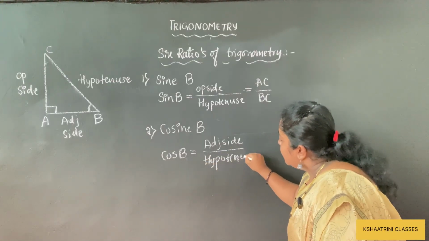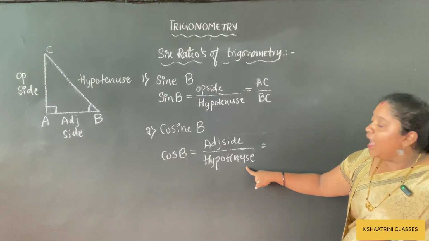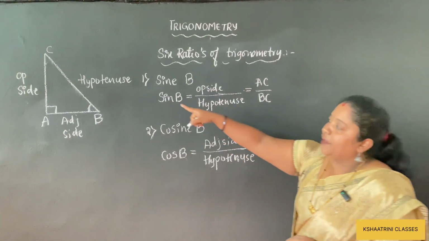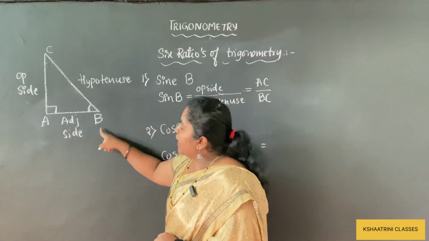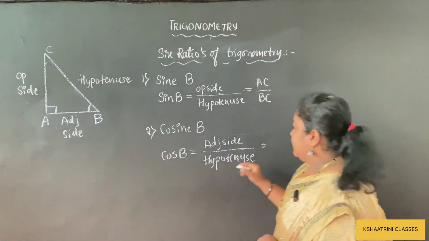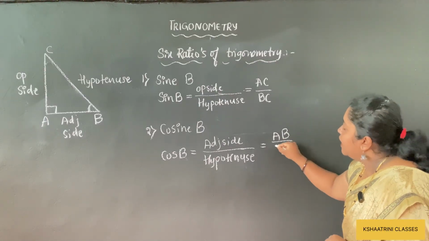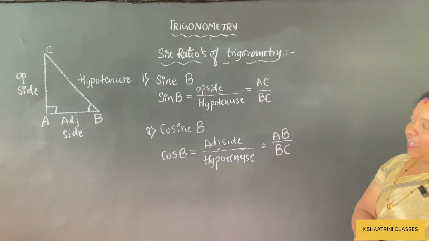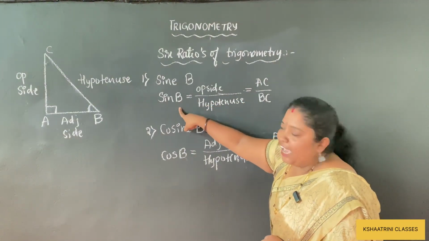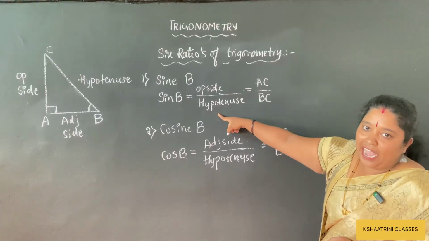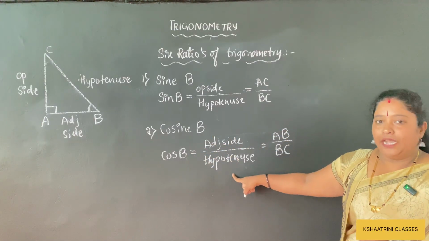With respect to our diagram, adjacent side is AB and hypotenuse is BC. So we'll write it as AB divided by BC. So the first trigonometric ratio, sin B, is opposite side by hypotenuse, and cos B is adjacent side by hypotenuse.